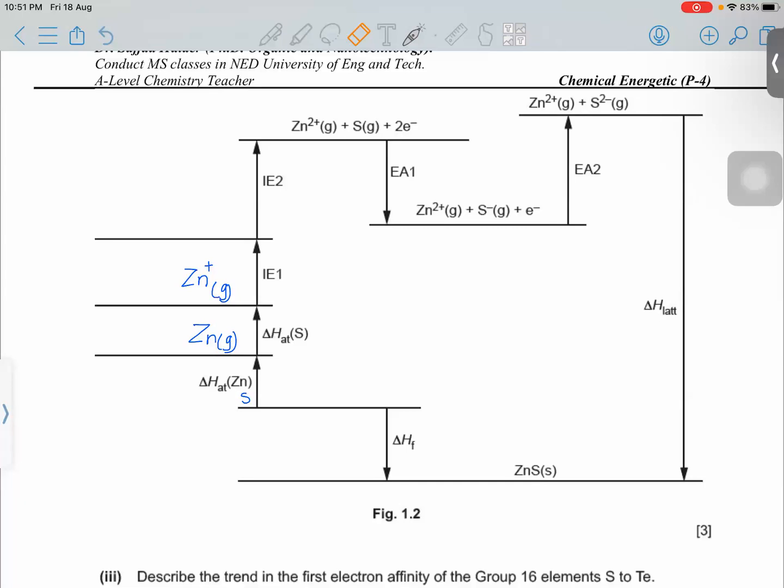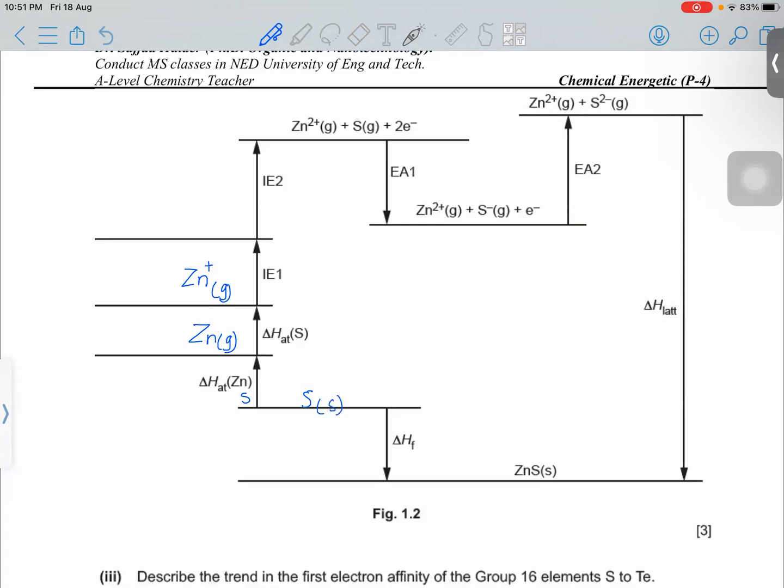Now you can see that here we have sulfur, and then you convert sulfur into sulfur gas.